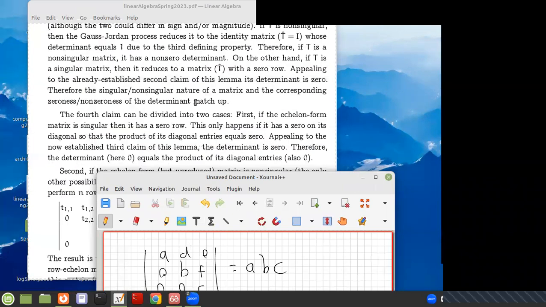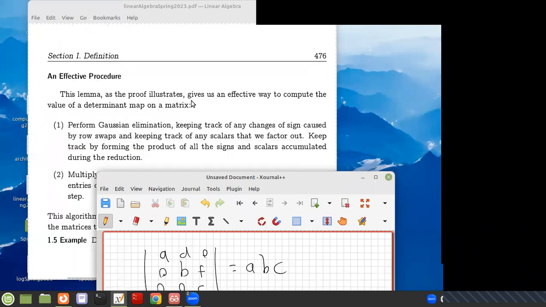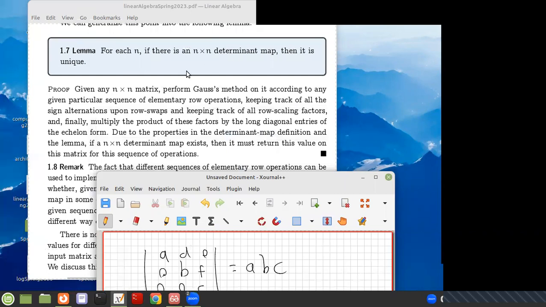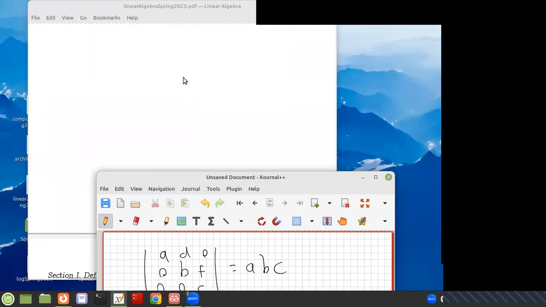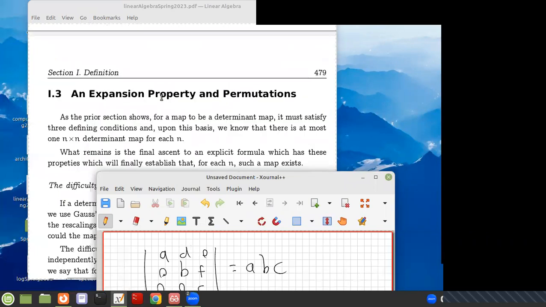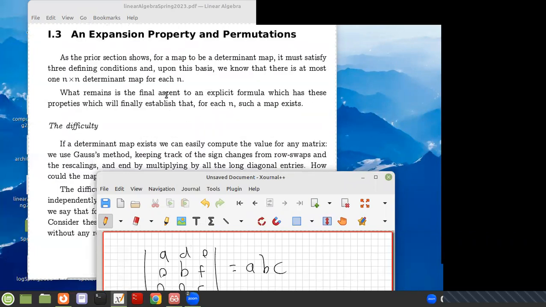Okay, so those were some nice results. And the rest of the chapter, apart from this procedure, is a proof that the determinant is unique. There are also lots of theoretical things you can do with determinants, but we're going to ignore that.